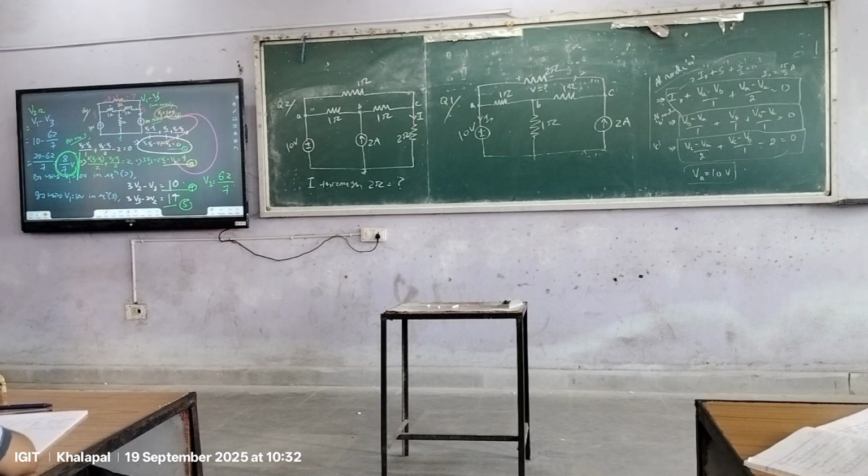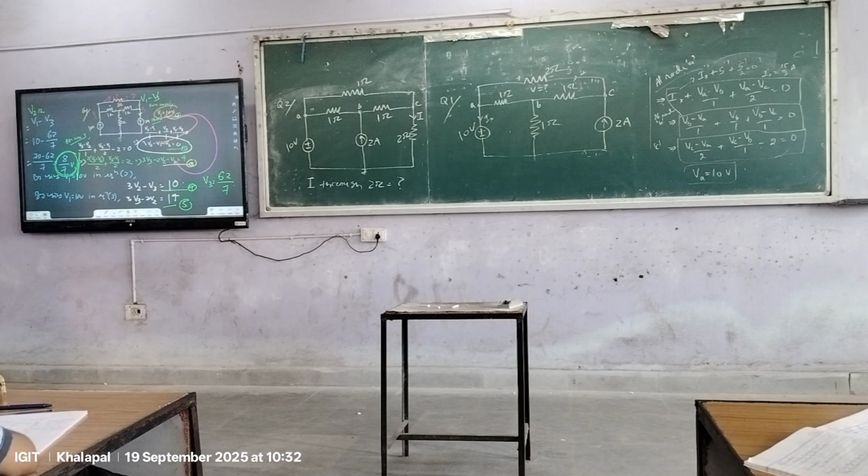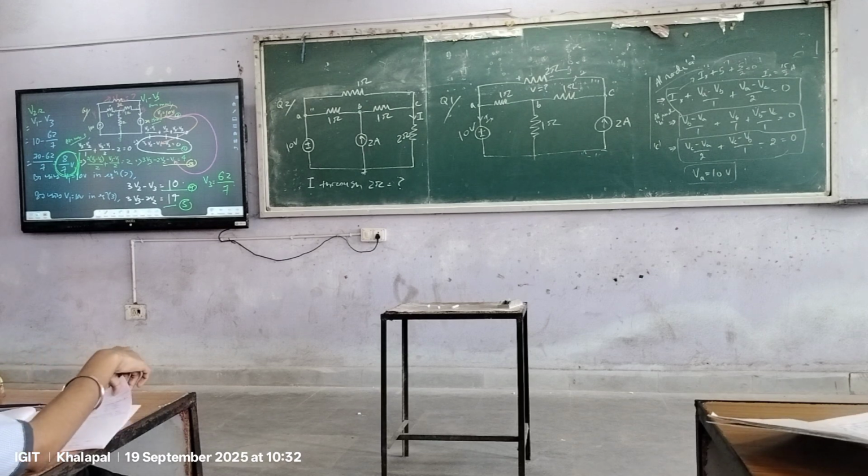By using nodal analysis, you have to get the same answer. That's why you have to verify whether you are getting the same answer or not by using nodal analysis and mesh analysis, as per your convenience.